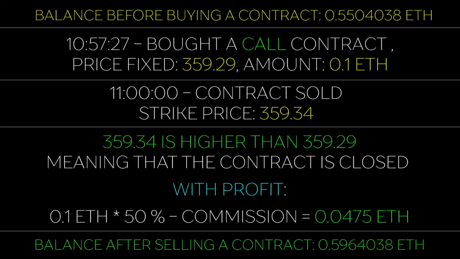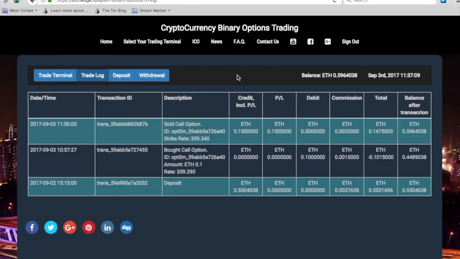So our net profit on this trade was 0.0475 Ether. And our new balance after selling the contract is 0.5964 and change.